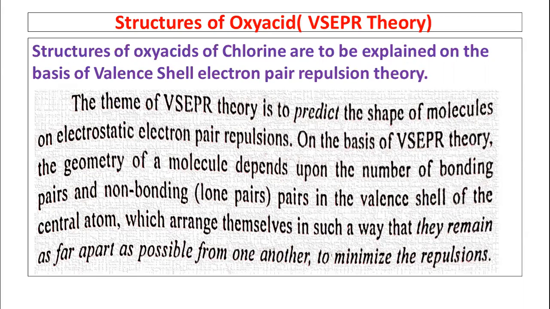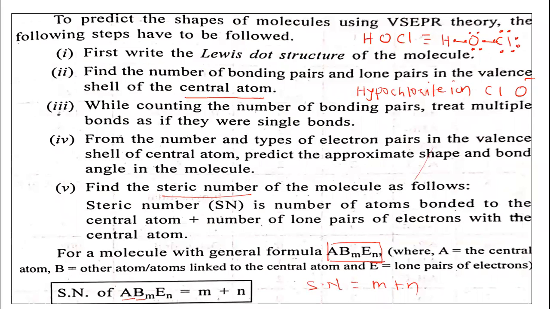The correct position of the lone pair is very important. To predict the shape of molecules using VSEPR theory, some steps are important here. First, write the Lewis dot structure of the molecule. Second, find the number of bonding pairs and lone pair electrons in the valence shell of the central atom.